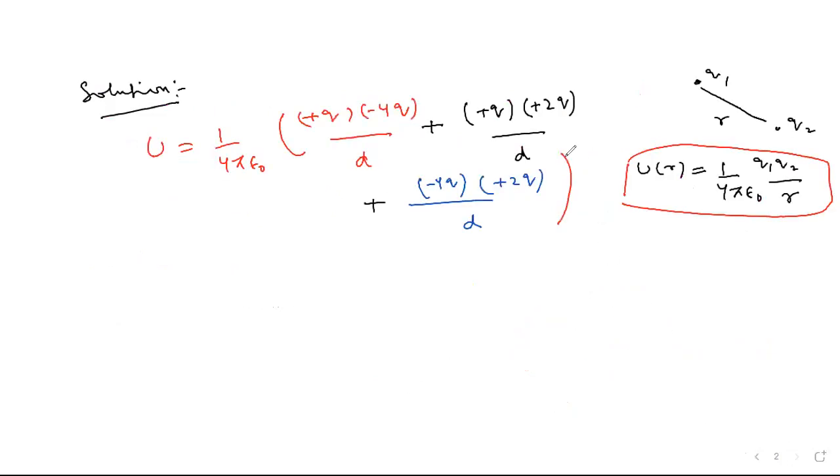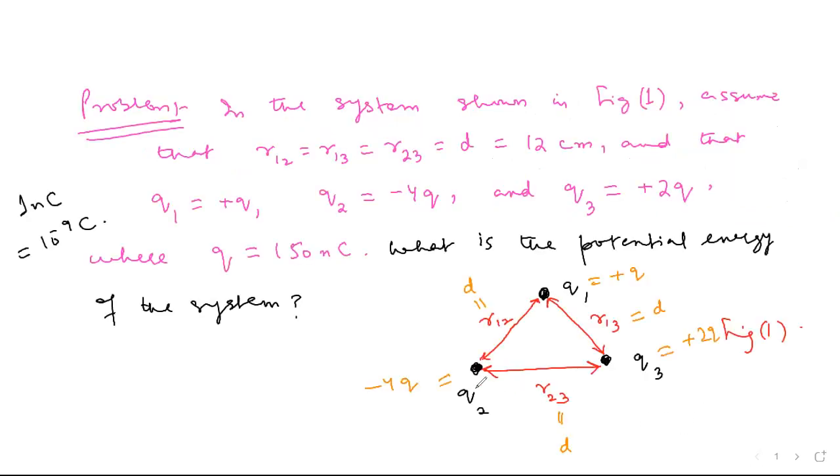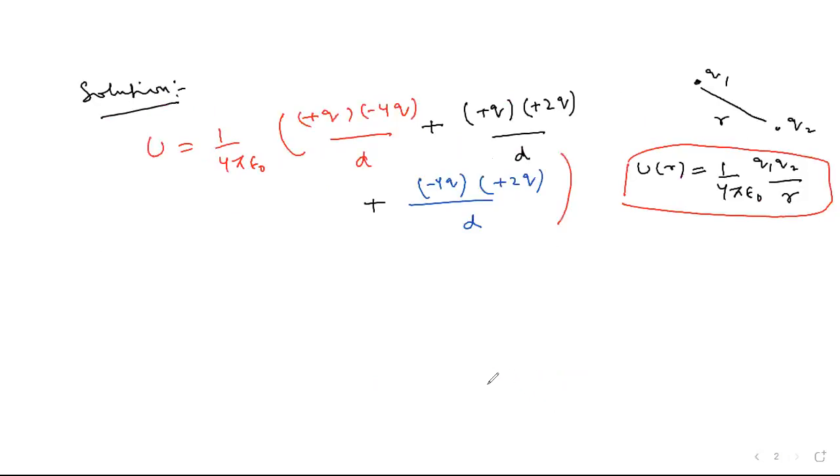Then the third term belongs to minus 4Q plus 2Q over D. That is the Q2, Q3 pair. So when we simplify this, it turns out to be minus 10 Q square over 4 pi epsilon naught D. So let us put the numbers.